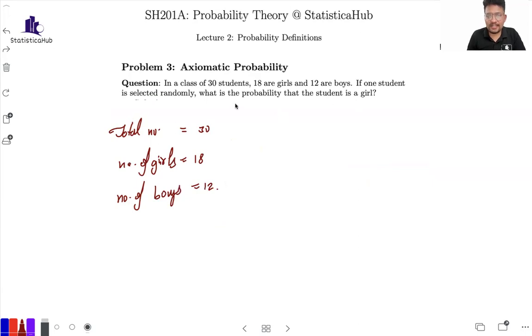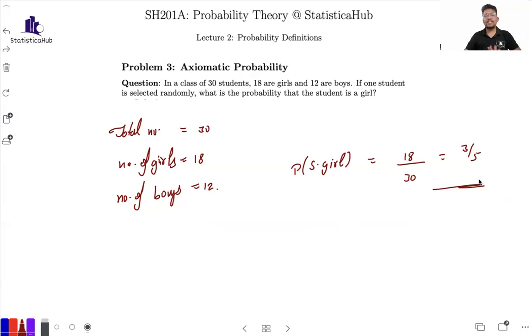If one student is selected, what is the probability that the student is a girl? Very simple, the probability that the student will be a girl is 18 over 30, which can be cancelled out to 3 over 5. So that's how we can go for the axiomatic probability.